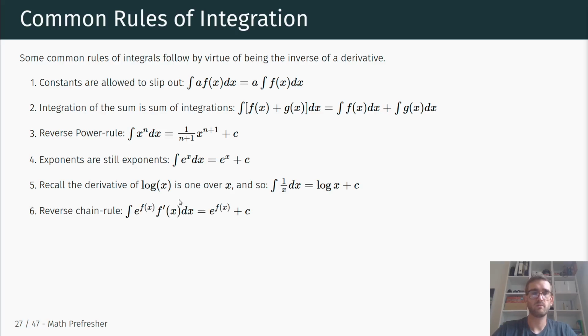We can also reverse the chain rule, so the integral of e to the power of f of x times f prime of x dx is equal to e to the power of f of x. So oftentimes when we encounter functions that involve a product, we want to bring it into a format that resembles this e to the power of f of x times f prime of x, because then we can ultimately find the antiderivative e to the power of f of x.